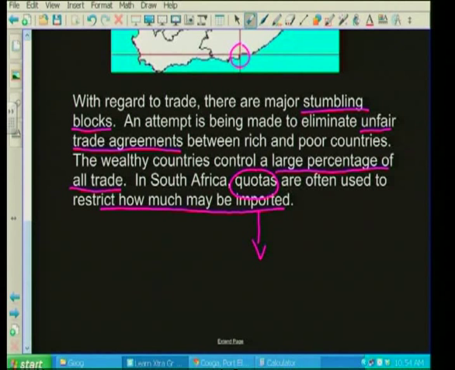Imports, remember, is what we bring into the country, and this costs us valuable South African rands. We don't want to spend too much money on imports. We rather want to make more money from our exports so that we make a positive balance of trade.